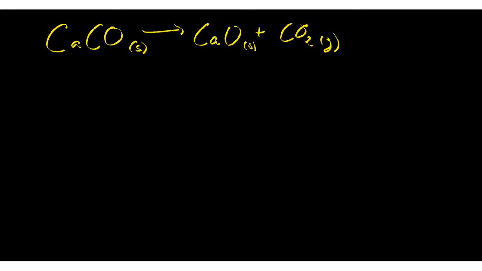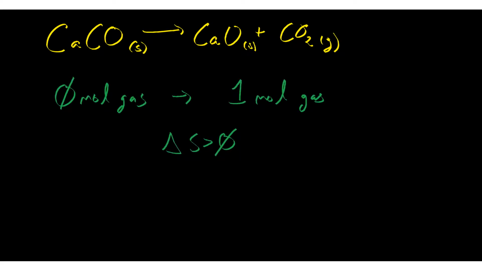So when you count these up, we have 0 moles of gas on the left, since calcium carbonate is a solid, and 1 mole of gas on the right. Calcium oxide is a solid, but CO2, carbon dioxide, is a gas. So on the reactants we have 0, on the products we have 1. That's an increase in the number of moles of gas, and that means we're looking at an increase of entropy for this reaction.